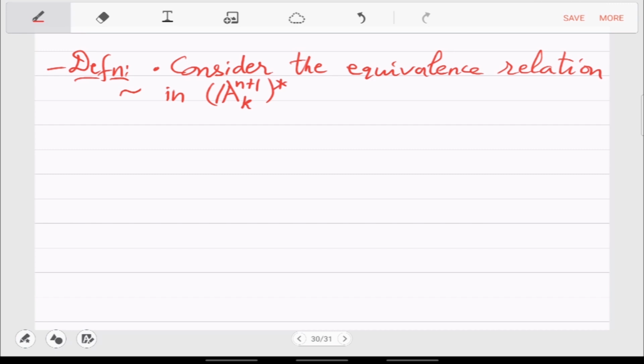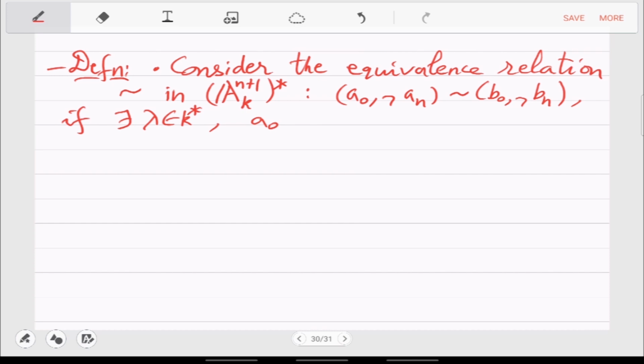So we remove the 0 point, and everything else, like A0 dot dot an, will be considered equivalent to a point B0 to Bn if there exists a lambda in K star such that A bar is lambda times B bar.